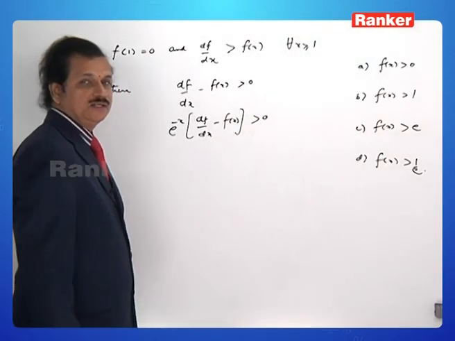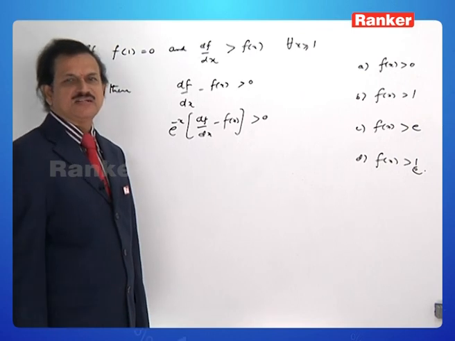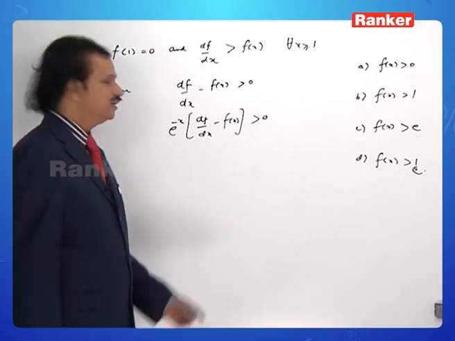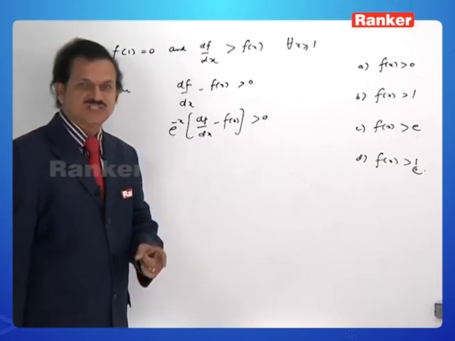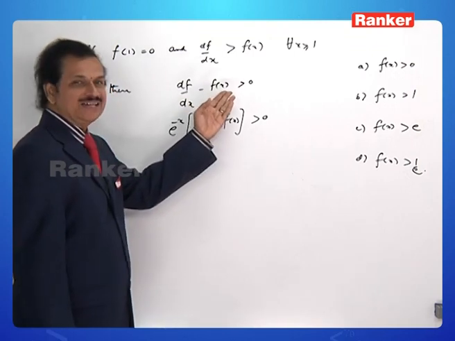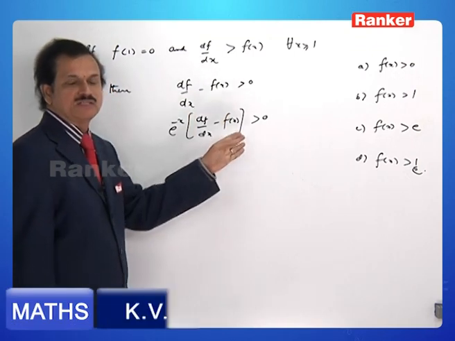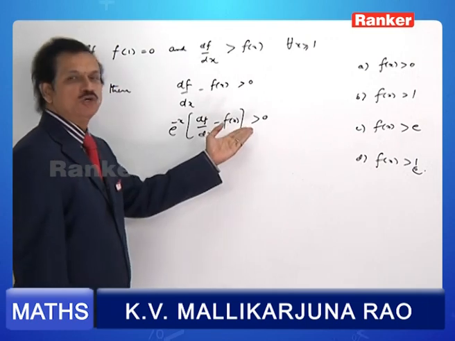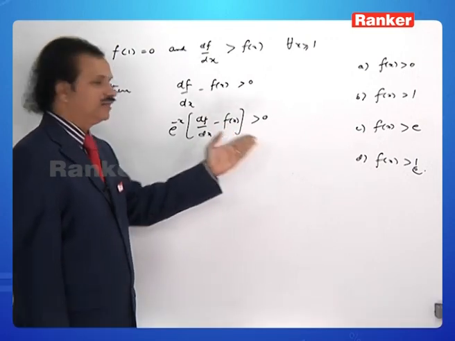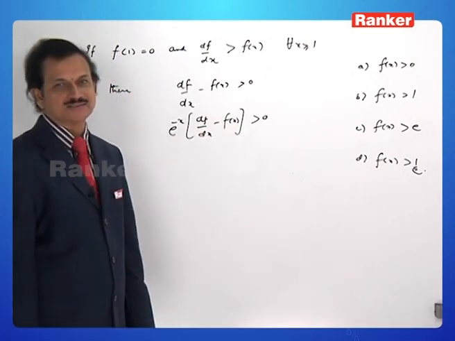Well, my dear, irrespective of the nature of x, whether it is positive or negative, e power minus x is always positive. If you multiply an inequality on both the sides with a positive number, there will be no harm to the inequality. That is why I have multiplied with e power minus x.